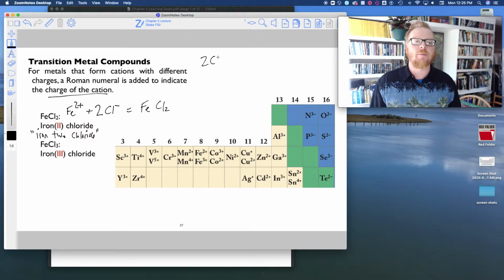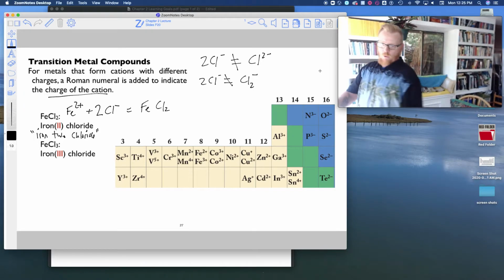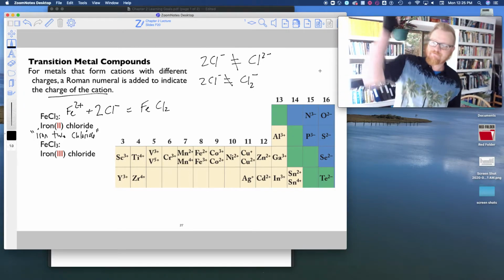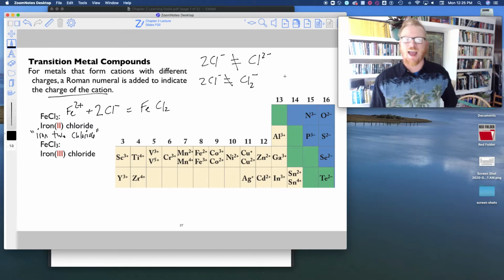Okay? So there's something I want to address right away too. Okay, look, when I'm going to write this, 2 Cl minuses does not equal this. Nope. Don't do it. 2 Cl minuses does also not equal this. No. Big no. Okay.